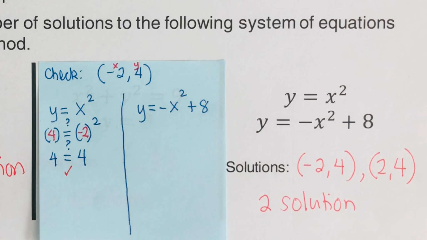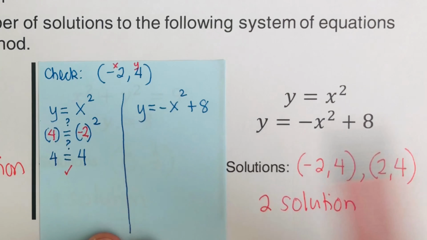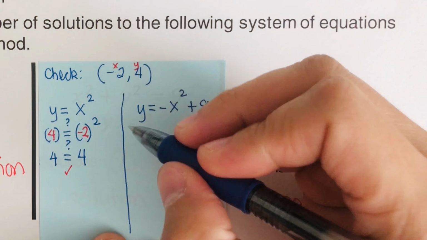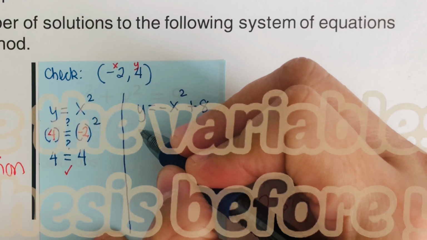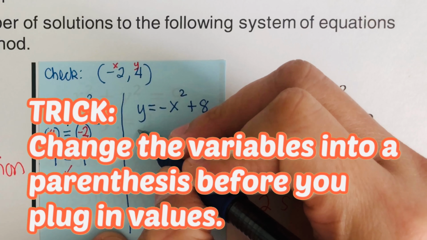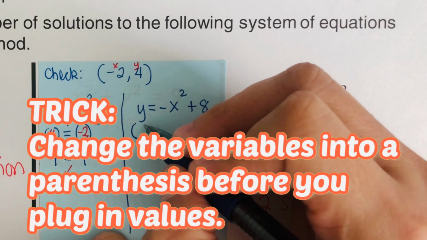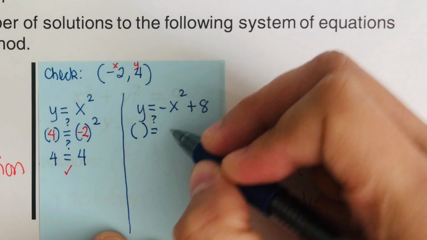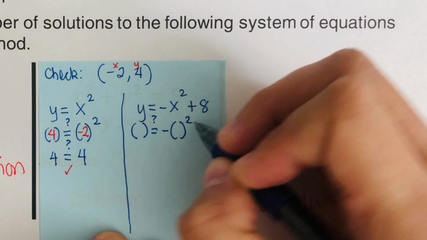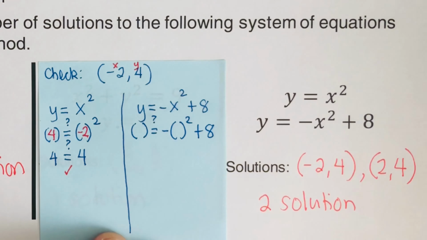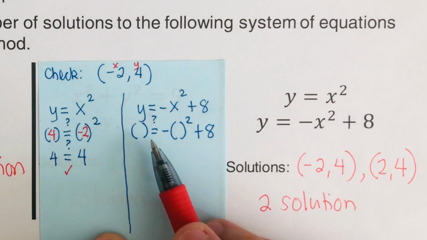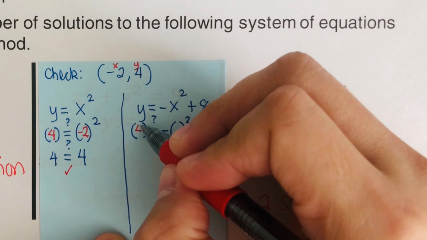But when we say solution, it has to work for both of them. So we are checking it as well in the second equation. So again, the trick is to change the variable into parentheses before we plug in the values. So that's parentheses. Is that equal to negative parentheses squared plus 8? So then I put in the values. The y is 4, so I put in 4 there.